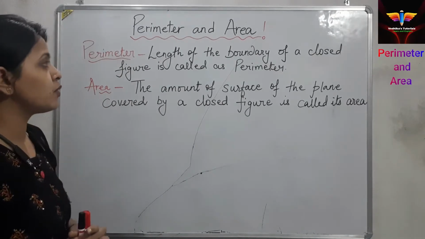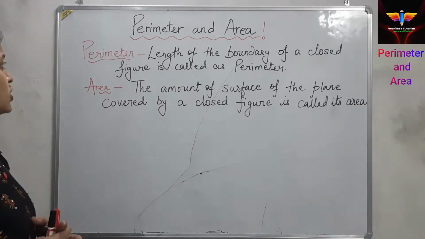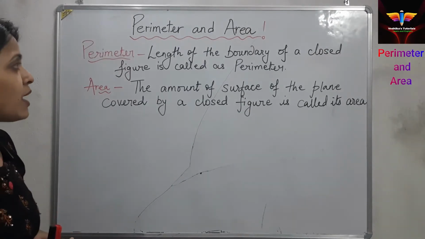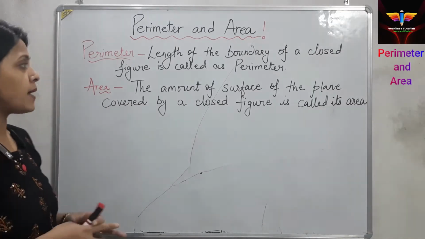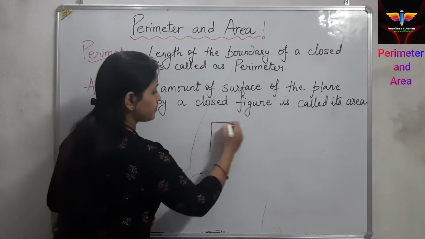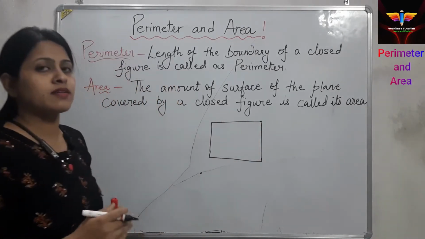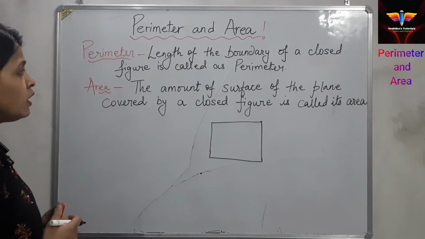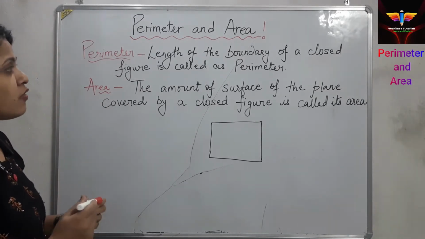So here on the board you can see clearly that I have written both definitions. The length of the boundary of a closed figure is called the perimeter. Suppose that I am drawing a figure. Okay, this is a figure. Now what is its length? The length of the boundary of a closed figure.